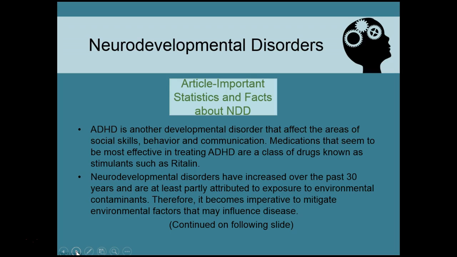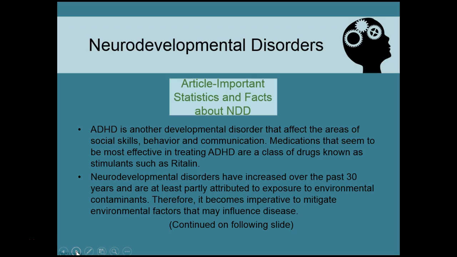Also, ADHD is another developmental disorder that affects the area of social skills, behavior, and communication. Medications that seem to be most effective in treating ADHD are a class of drugs known as stimulants, such as Ritalin.